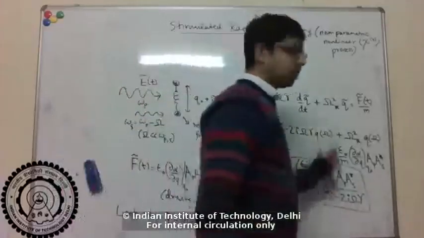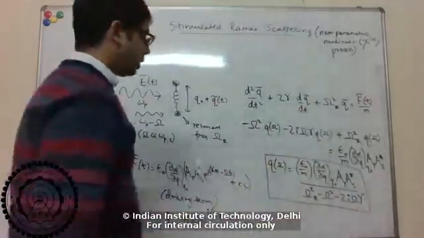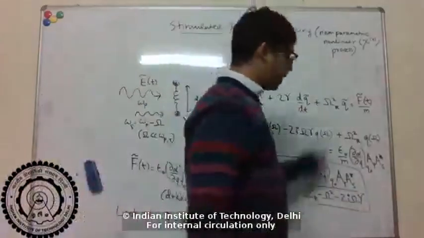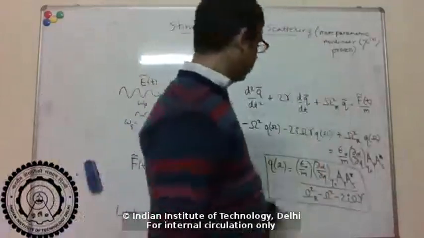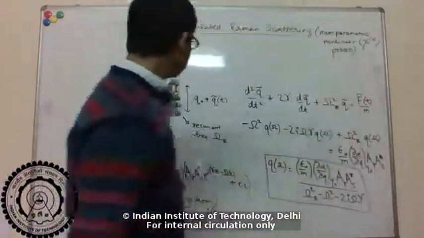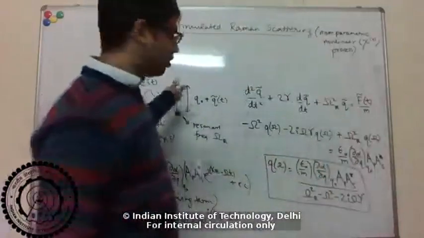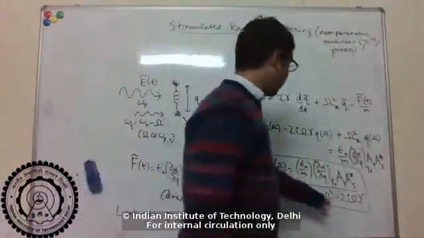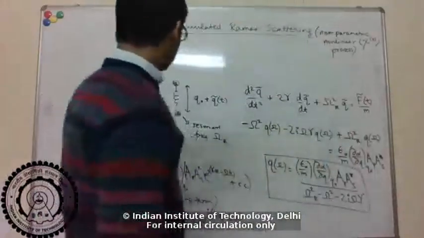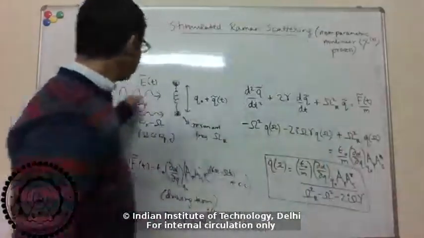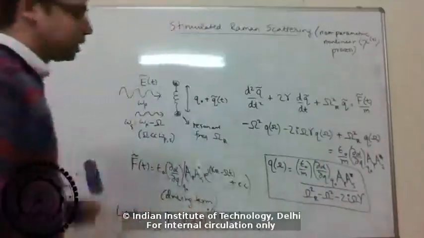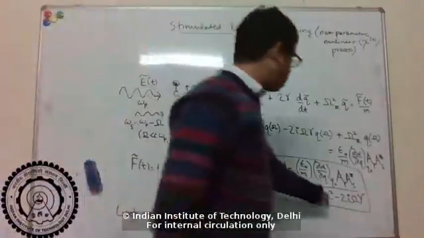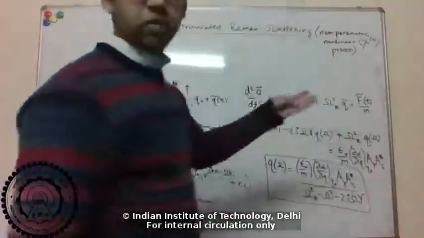So this denominator looks similar to what we got there, except there we had the resonant frequency for the electronic transition. Here we have the resonant frequency for this atomic or molecular vibration. And this omega is the difference in the frequencies of the two waves, whereas in that case, this was the frequency of the optical wave.